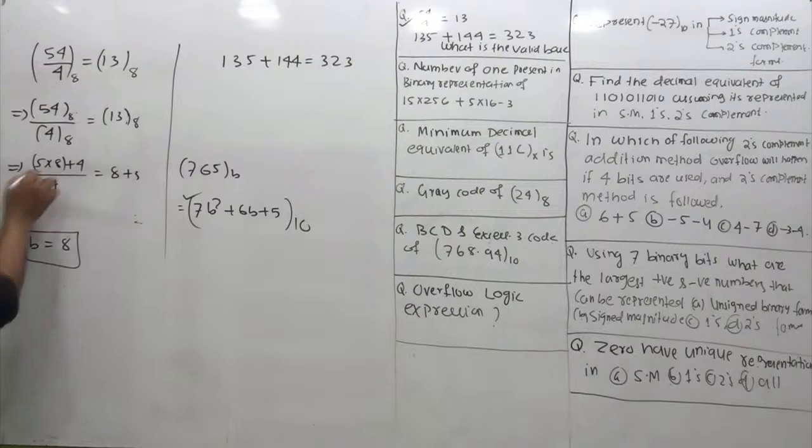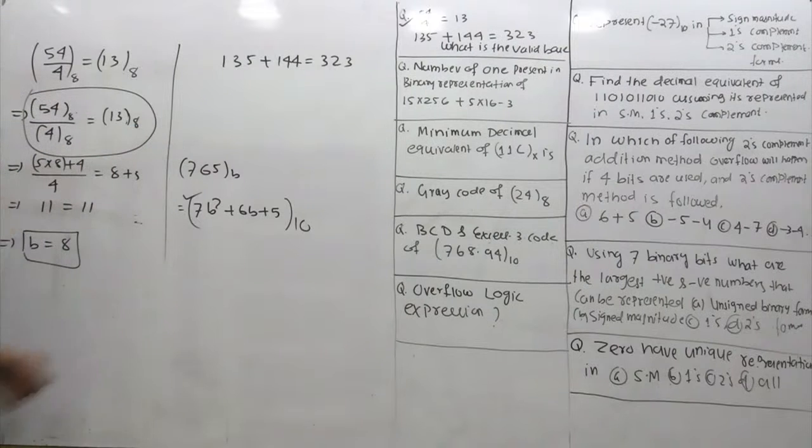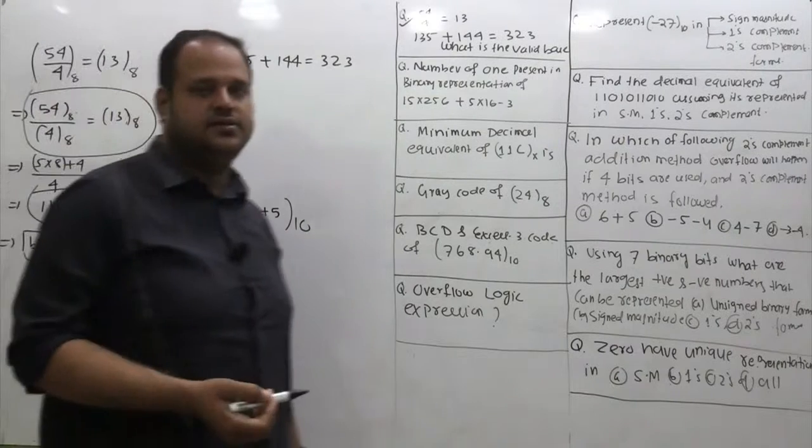So this is 40 plus 4, 44, 44 by 4 is 11, and 11 is equal to 11, right? So this is in base 8 equations. If I convert this into base 10 format, I get 11 equals 11. So this is a valid equation. That means this analysis is correct.